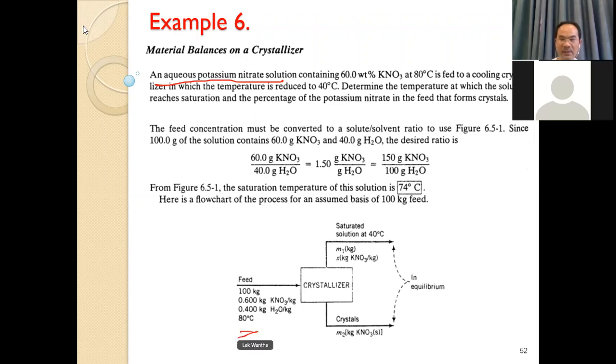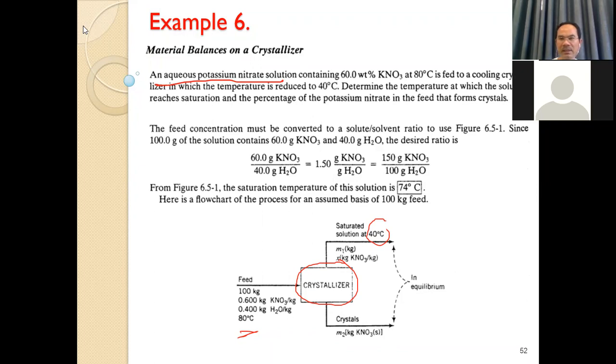At 80 Celsius, we use a cooling crystallizer. We cool the temperature at constant concentration until it reaches supersaturation for crystallization, cooling from 80 to 40 Celsius.